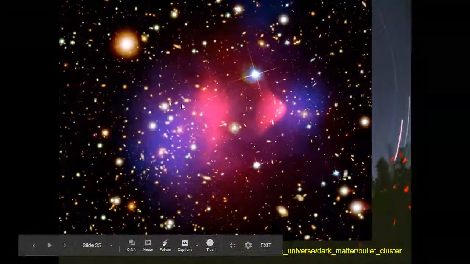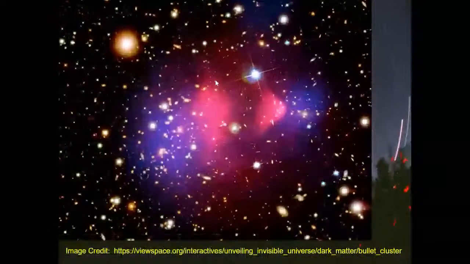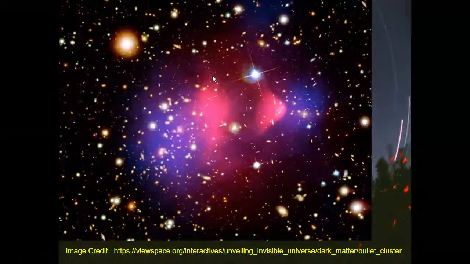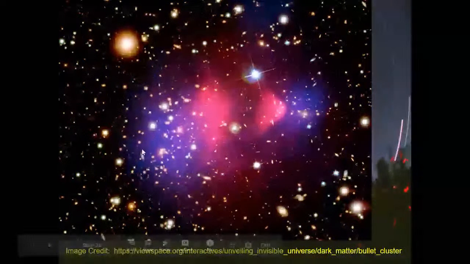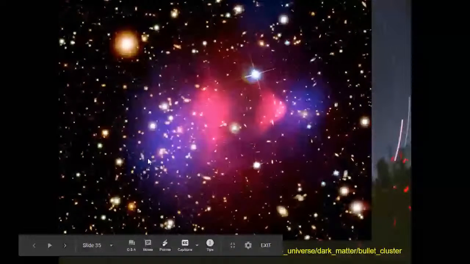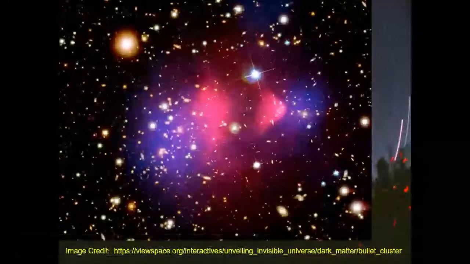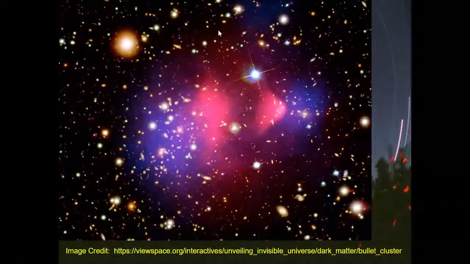The matter here and here, shown in red, is seen through an optical telescope. But the matter shown in blue must be present in order to explain the gravitational lensing.